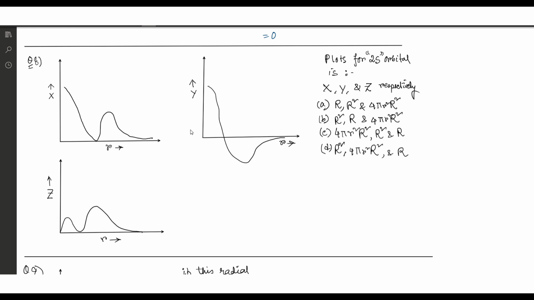Plots for 2s orbital are x, y, z respectively. Which one? It should be option A. Why, sir, why is it?